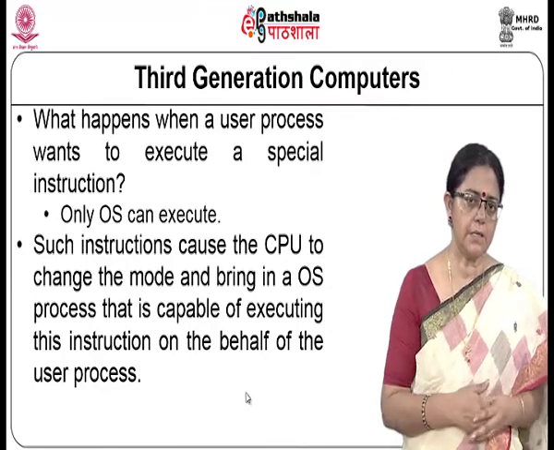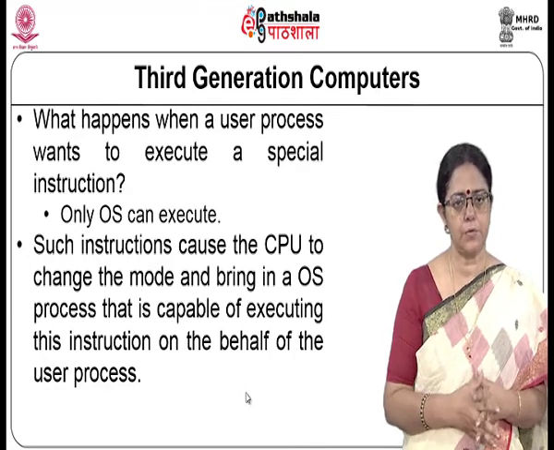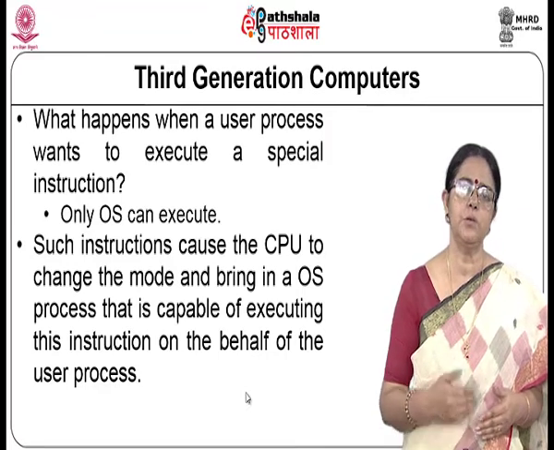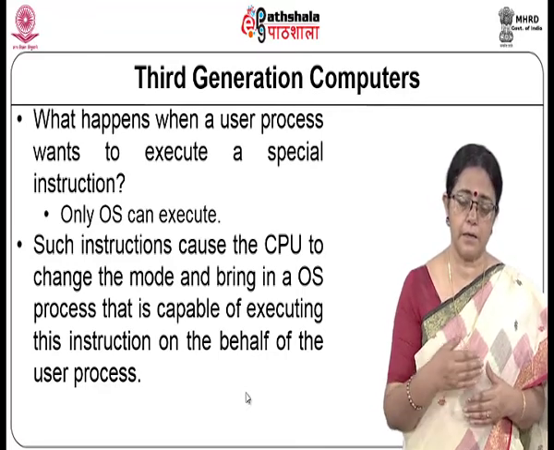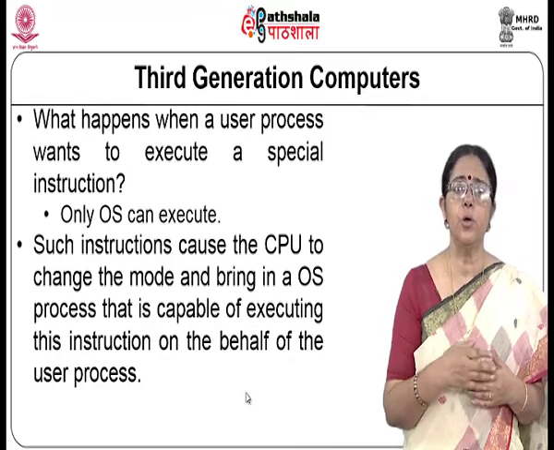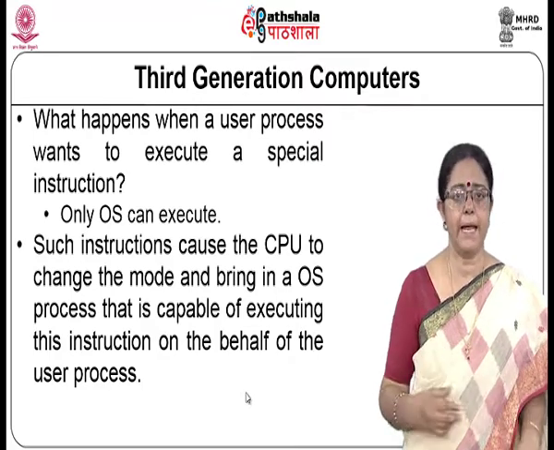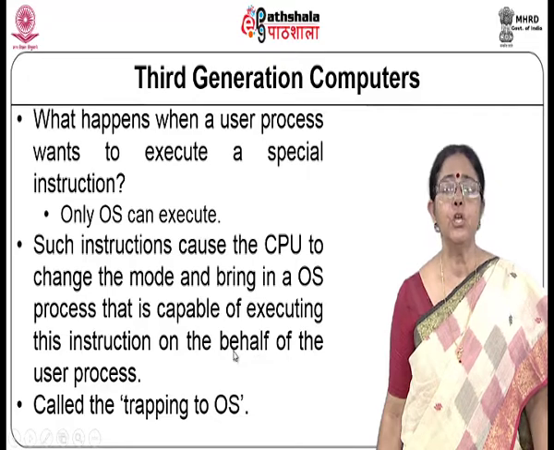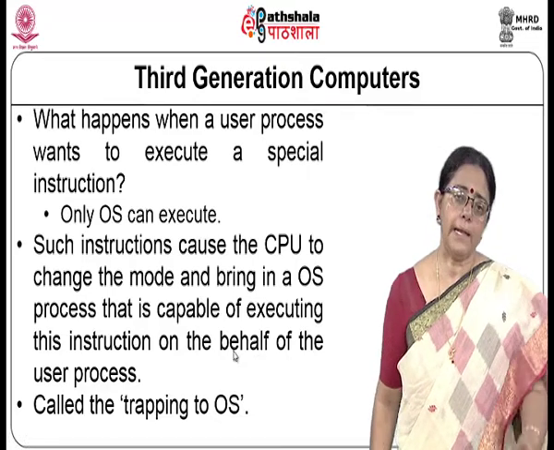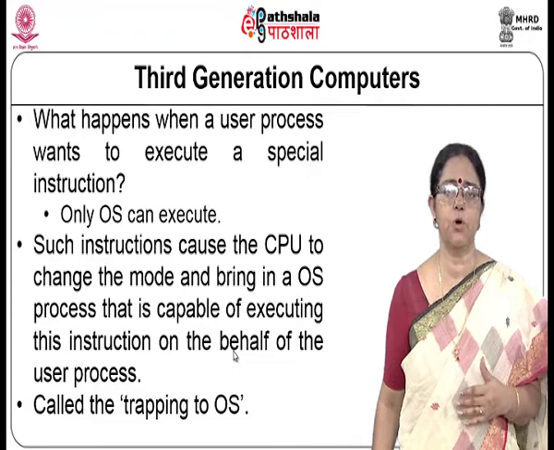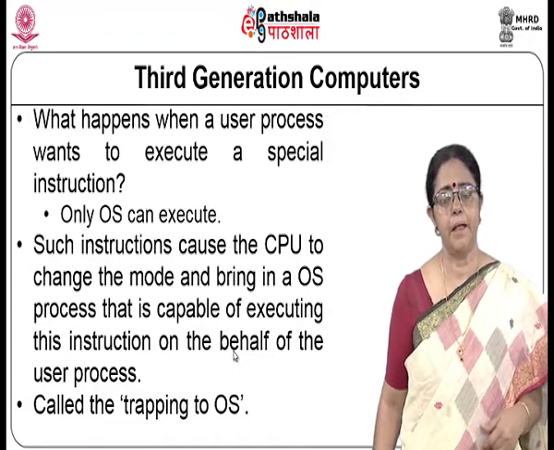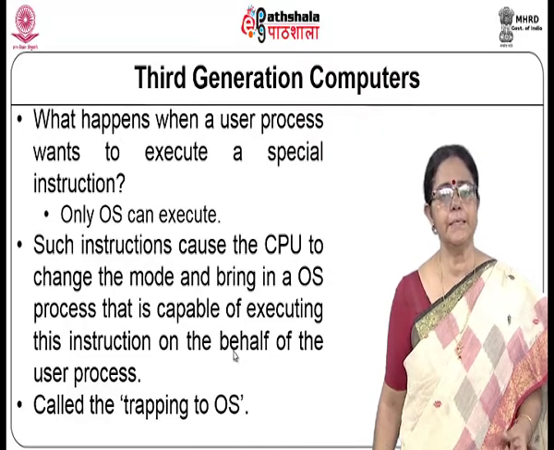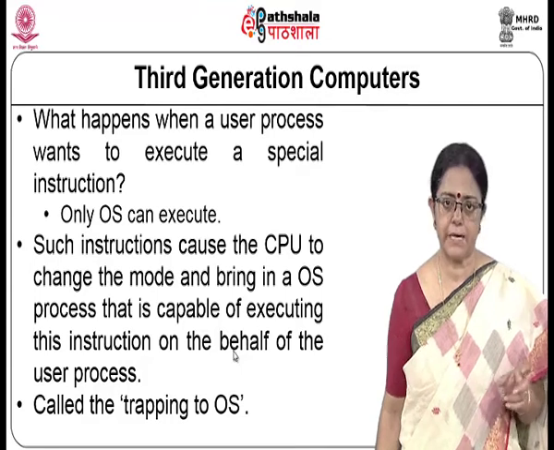As soon as the user process running in the user mode of the CPU wants to execute something special, it has to execute a system call. It has to ask the OS to come in and execute that specific instruction. This method of calling the operating system using a system call, or if some other operating system gives another mechanism to knock at the door of the operating system, is called trapping to the operating system, or trapping to OS.